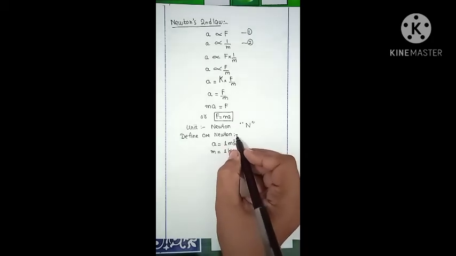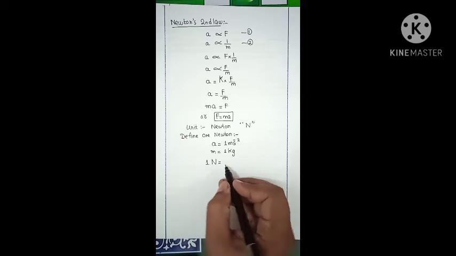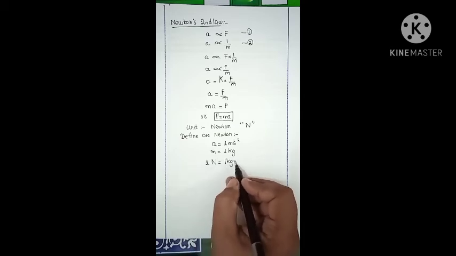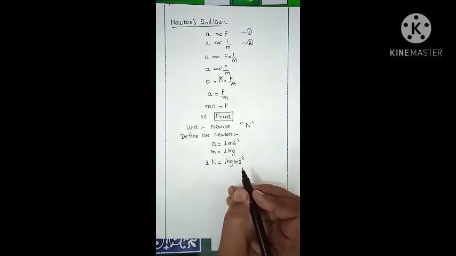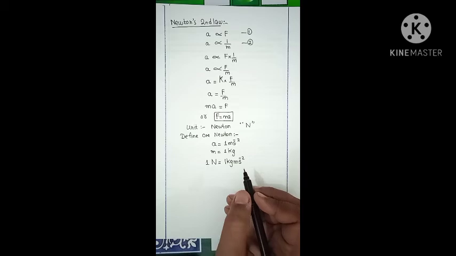Definition, you will write yourself, I am only explaining it here. So 1 Newton is equal to 1 kilogram meter per second square. This is represented by a capital letter N. The dimension of force we will write directly here.